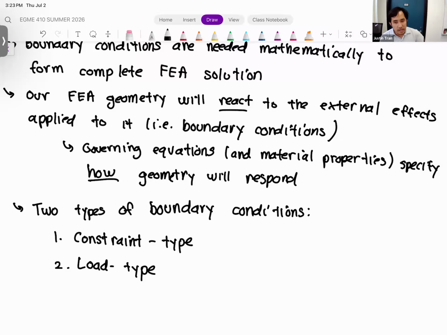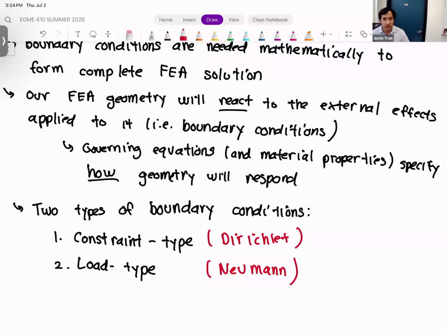Now, these types of boundary conditions do have official mathematical names. I won't use them for the most part, because I think they're not very descriptive, but in case you were curious, constraint type boundary conditions are often called Dirichlet boundary conditions, and load type boundary conditions are often called Neumann conditions.